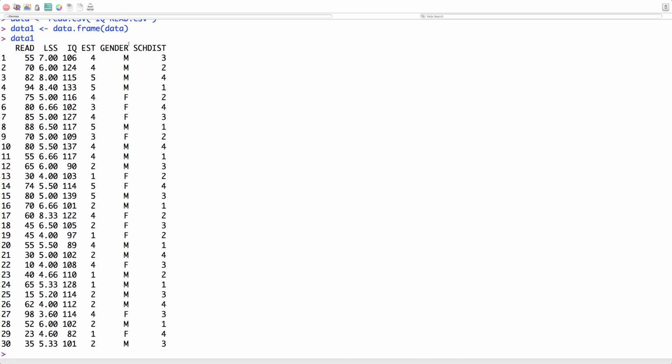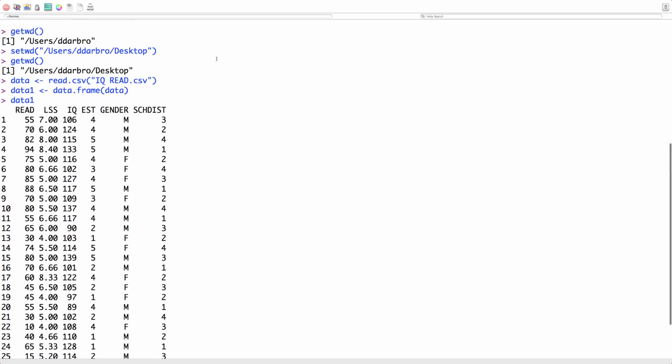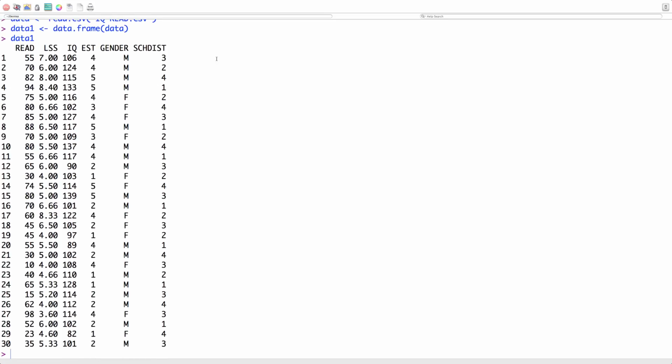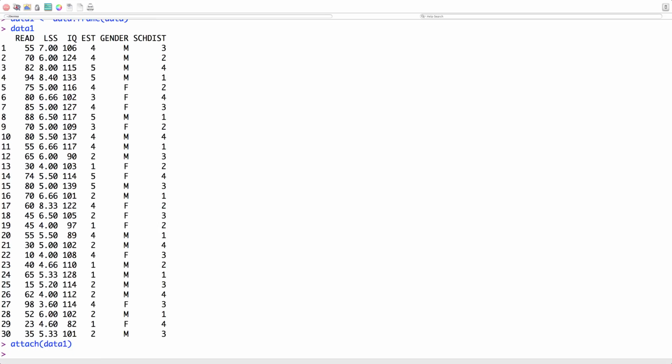When we do data.frame on our data, this gives us a little bit extra advantage when we're trying to convert things into matrix form, or at least I think it does. The first thing I have to do is attach data 1 so I can actually work with it. It's always easy to forget.